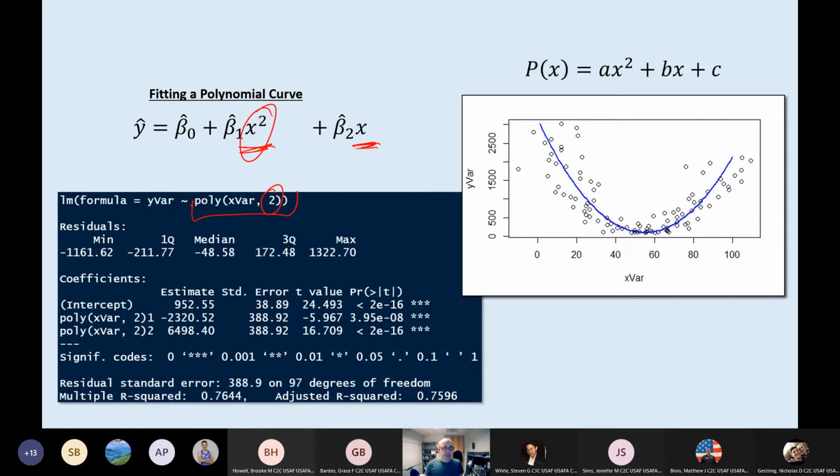So the types of questions you could be expected to answer on something like this is, again, being able to interpret this output, right?